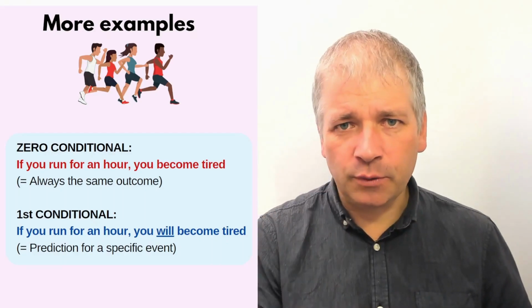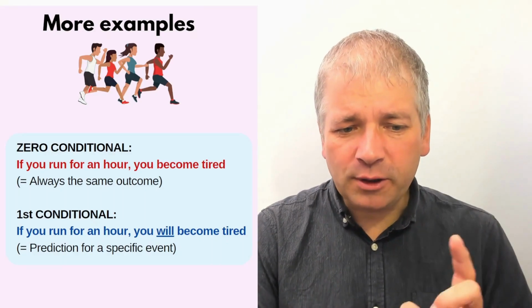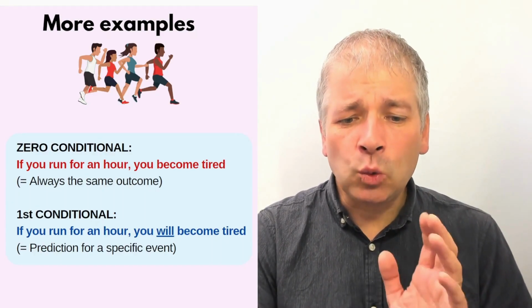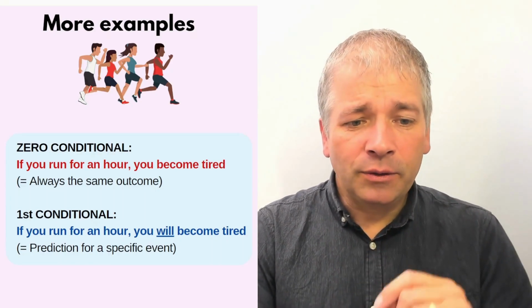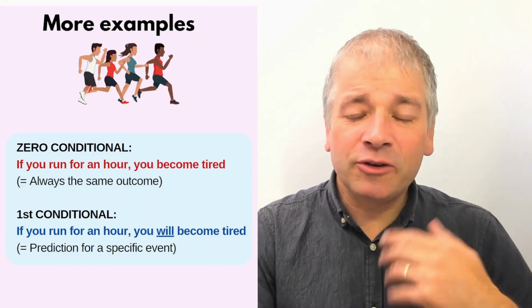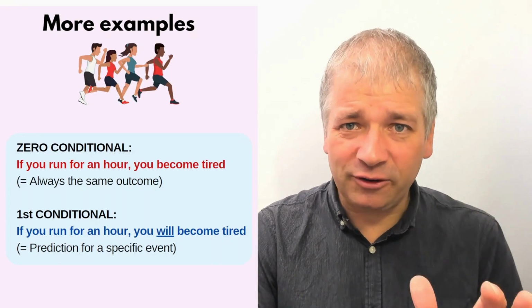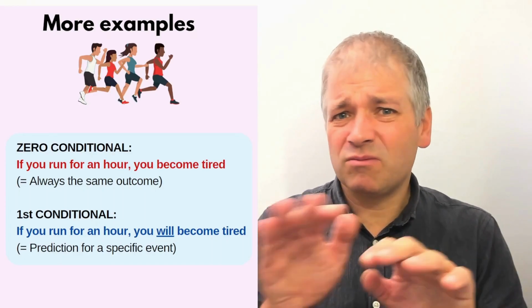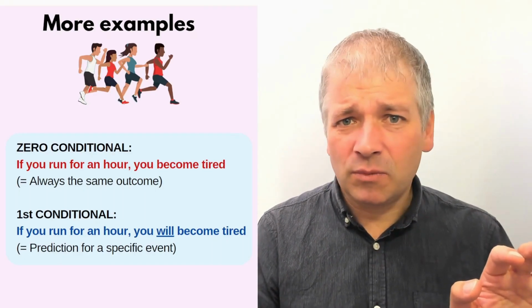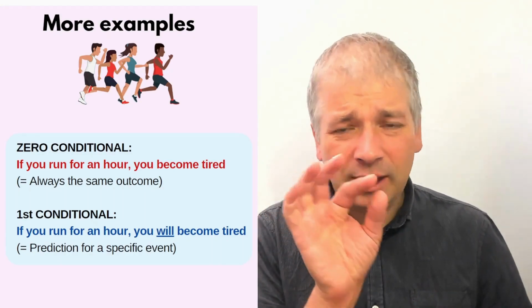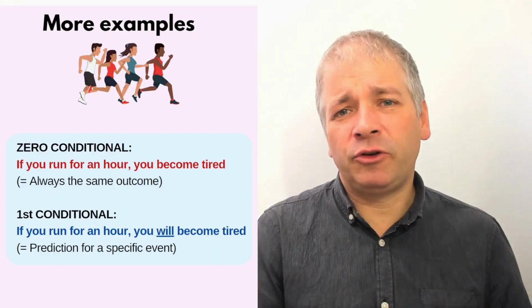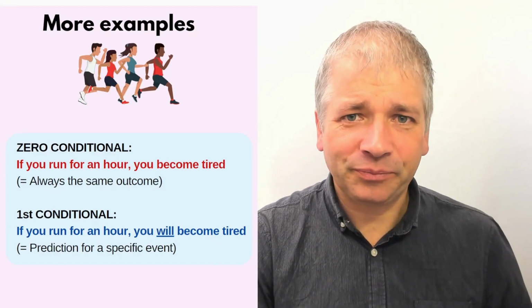Here we don't use will. The first conditional, if you run for an hour, you will become tired. Here we do use the word will. The difference is that we are giving a prediction for a specific event. So zero conditional, always the same result or consequence. First conditional, we're looking at one thing and the prediction about one thing.